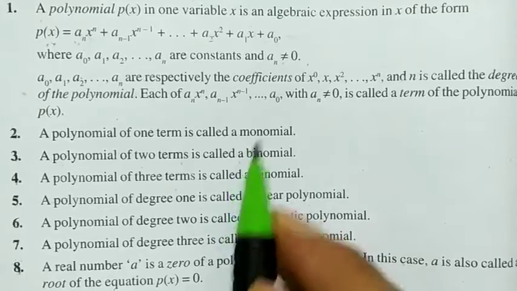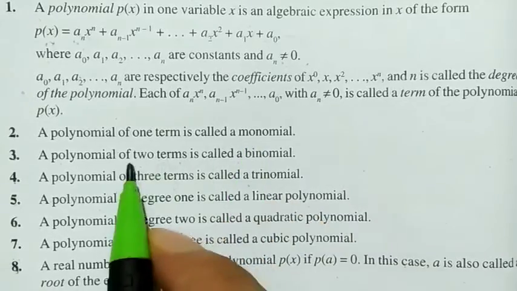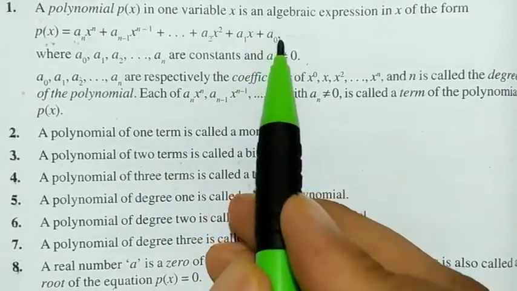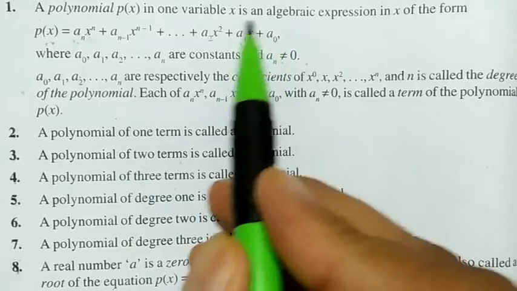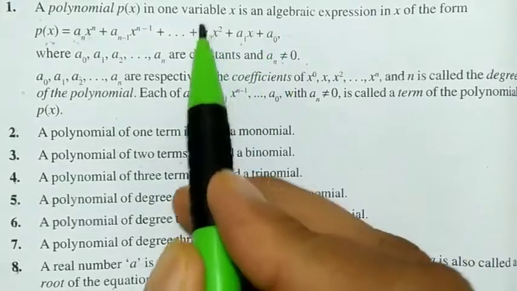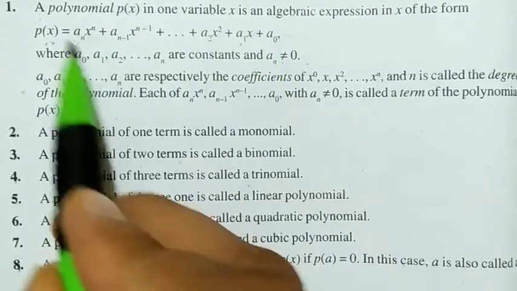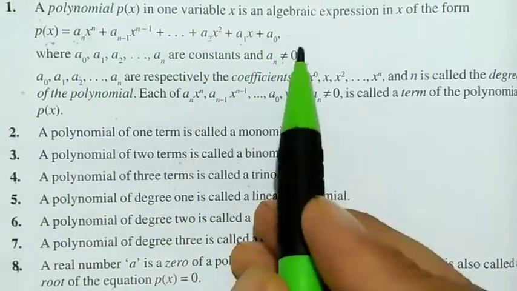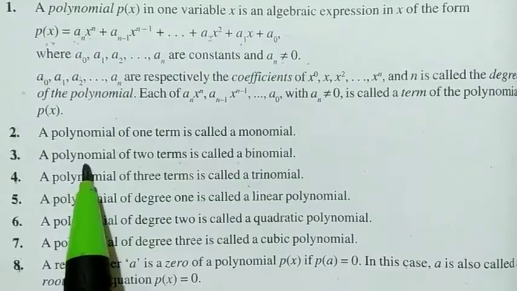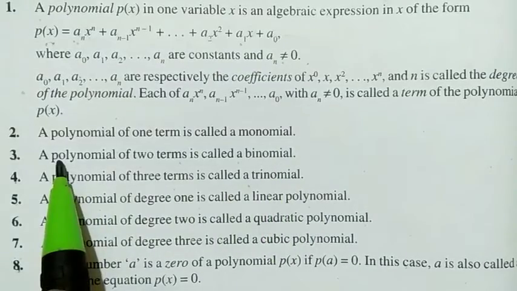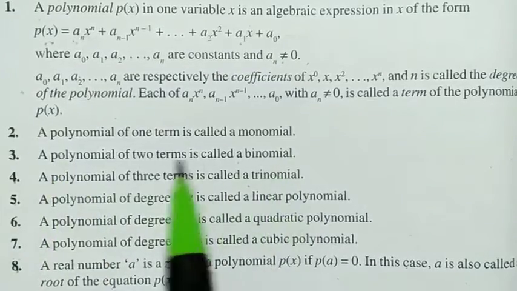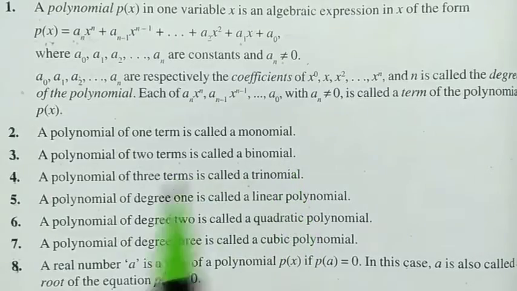Bi means two, mono means single, one. So two terms can be any, either this and this, or this plus this, meaning any two terms are given, then that is called a binomial.